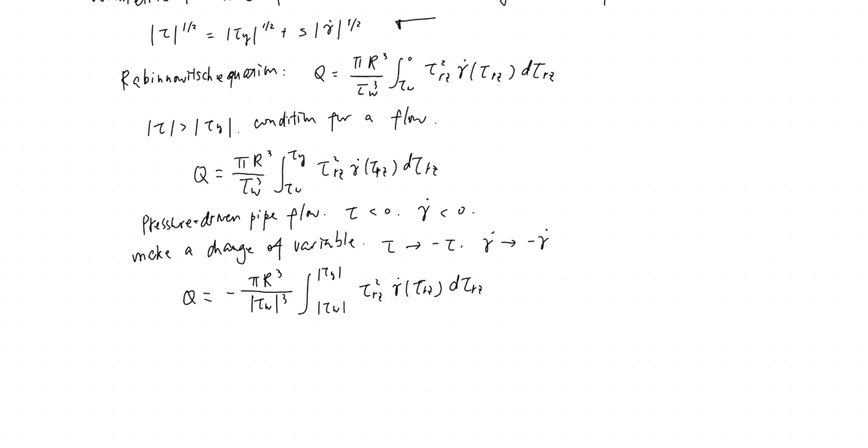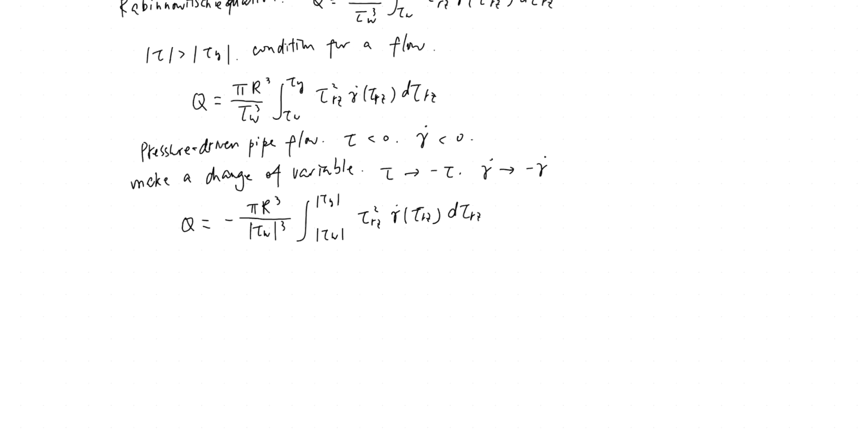And now we can handle the constitutive relation in a way that we don't need to worry about the magnitude or the absolute sign, because we have already changed our variable. So from the constitutive relation, we solve for gamma dot, because in this Q, what we have is gamma dot as a function of tau.